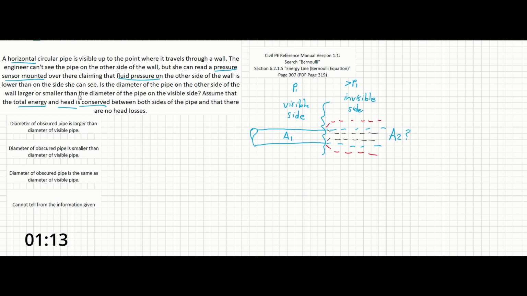So here's what we can do first. Let's search out Bernoulli in our civil reference manual, and let's write out this equation real fast.